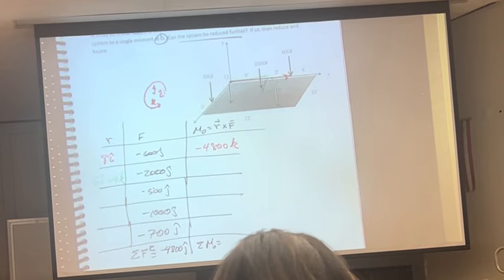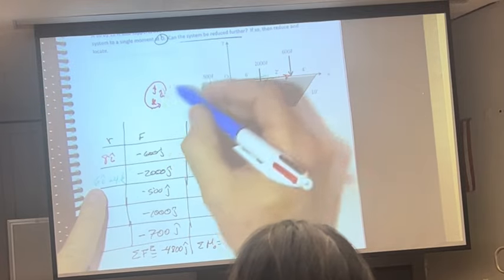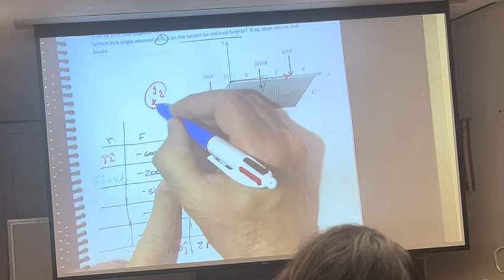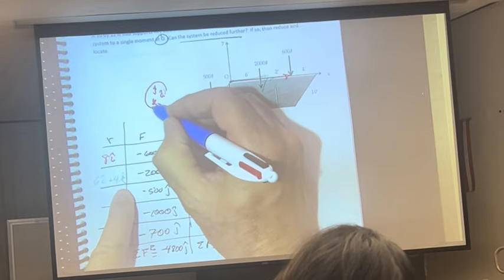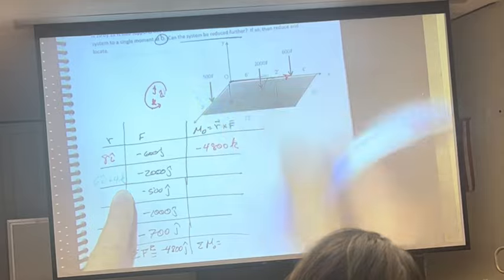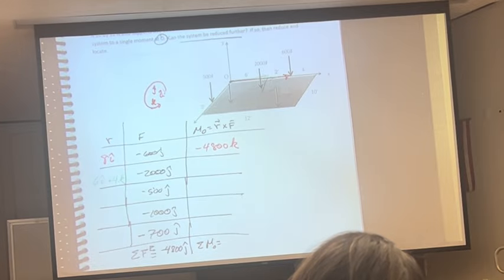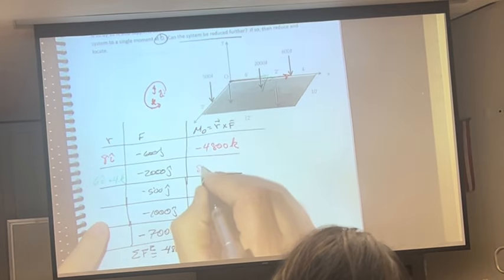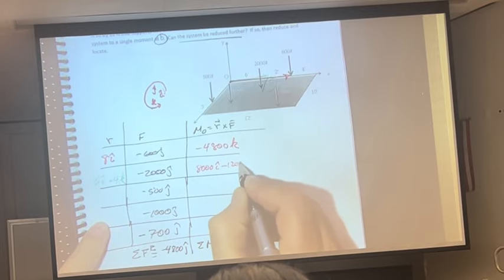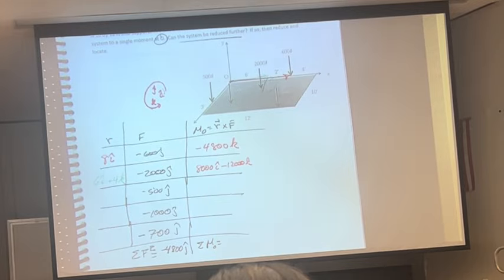And I'm going to use my little gizmo here to say, I crossed with J is K. K crossed with J is a minus I because I'm going this way. So in the long run, I should get 8,000I minus 12,000K. Agreed?